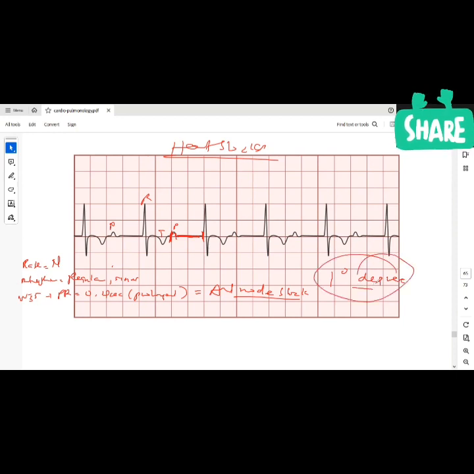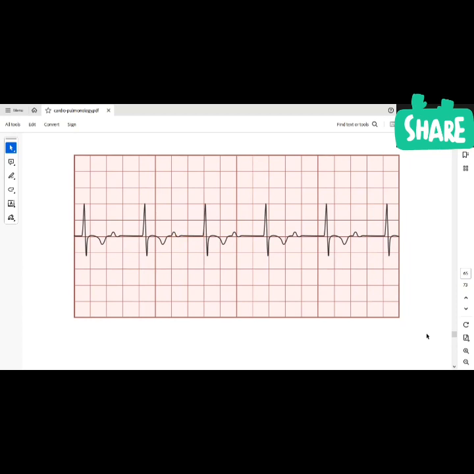So what will I see in first degree heart block? Only a prolonged PR interval. Basically, there's a block in the AV node, but it's not that bad. It makes the AV node slower, but it's not completely blocking conduction yet. Hence first degree, like a mild AV block. Make sense? So far, so good? Yes, sir. Okay. So let's move on.